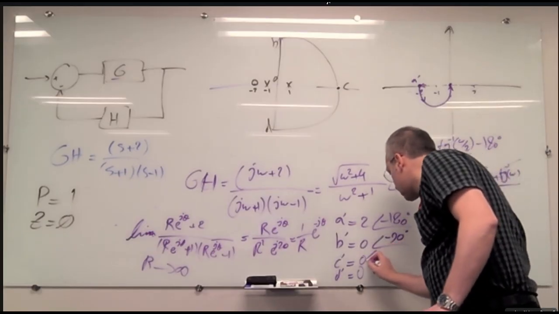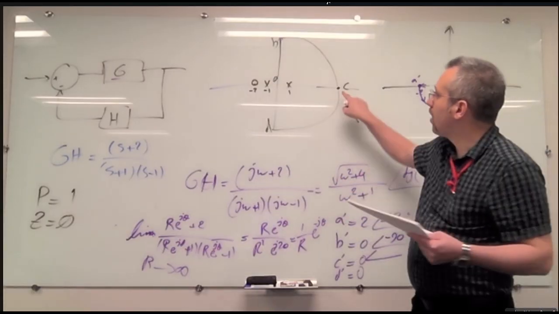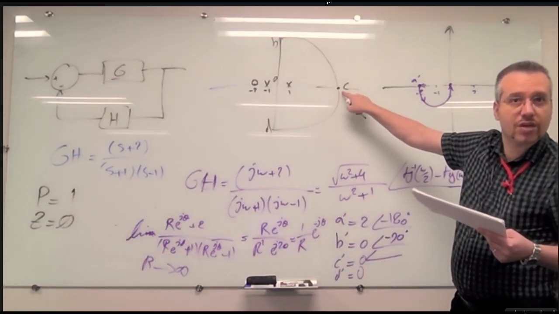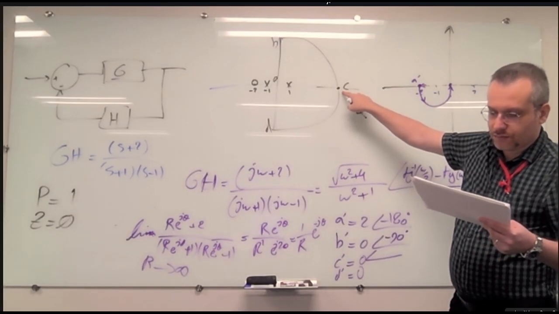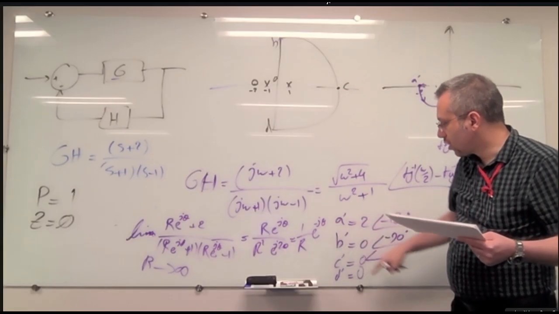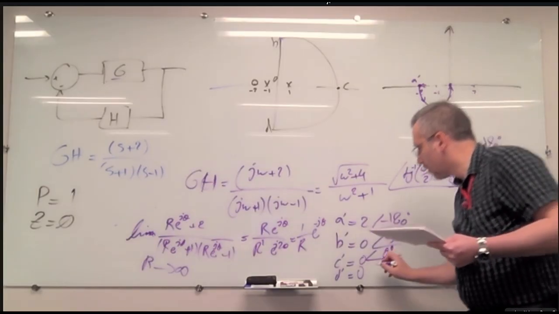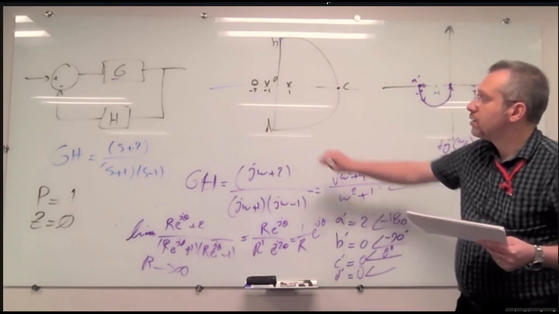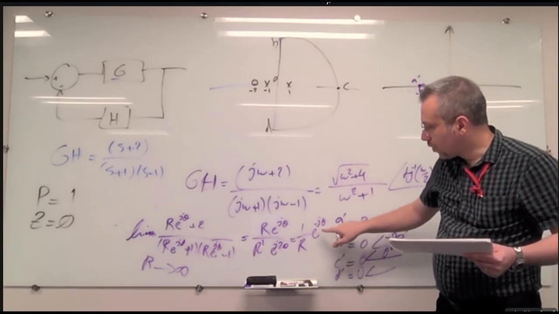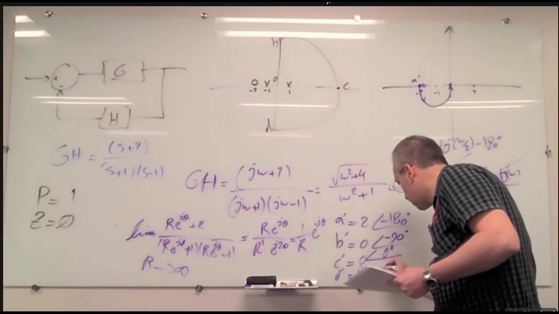What about the thetas? The theta of C is 0. Are we good? So C prime is going to be minus theta, which is 0 again. What about D? D is minus 90. The theta was minus theta, so it becomes plus 90.